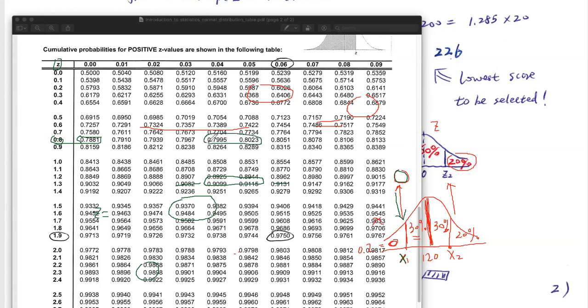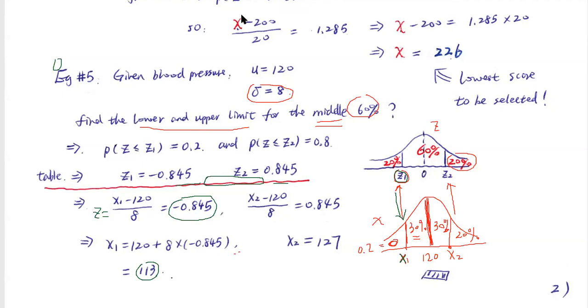Follow me? That is close to 0.8, is that right? So the number should be either 0.84 or 0.85, or somewhere in the middle, 0.845. That's totally fine. You see the one I have here, 0.845? Based on that, do the calculation, and the upper limit, x2, is 127.